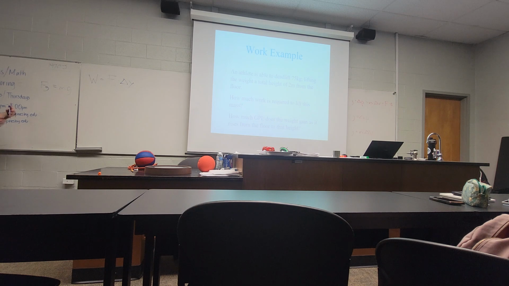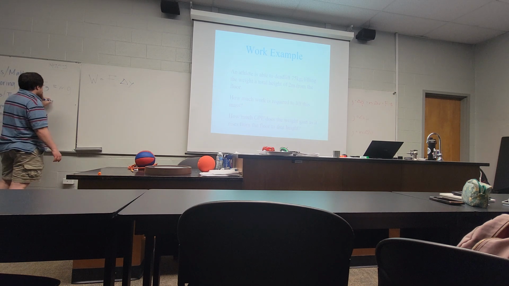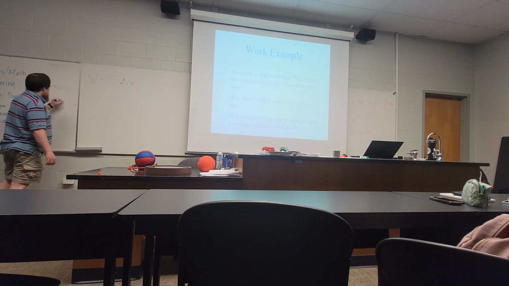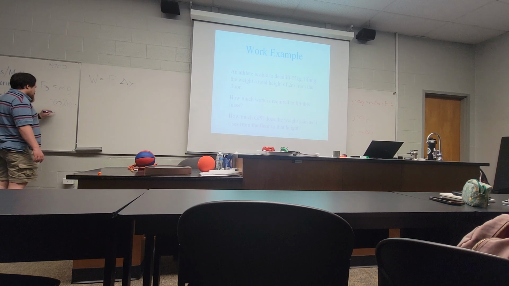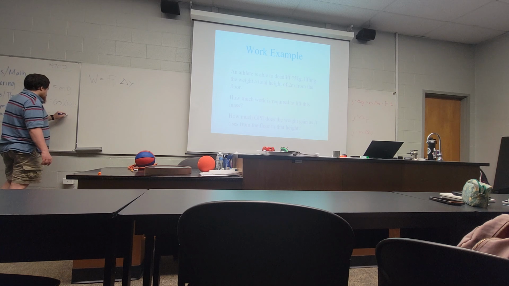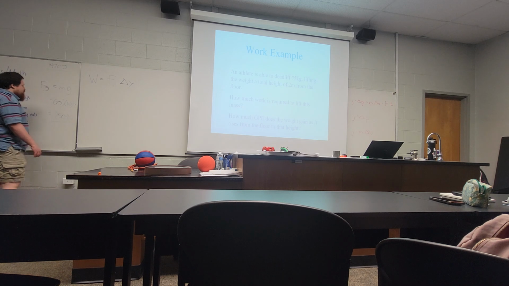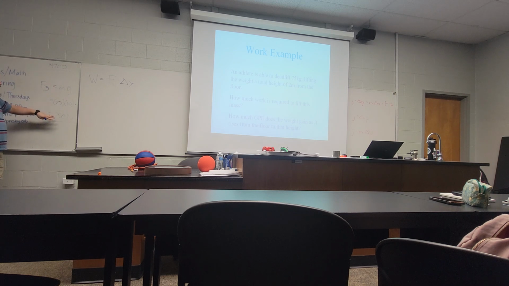G is the acceleration of gravity. In this class, we've been using 10 for that, but 9.81 is more accurate. So 75 kilograms weighs 750 newtons, or if you use 9.81, slightly less than that.